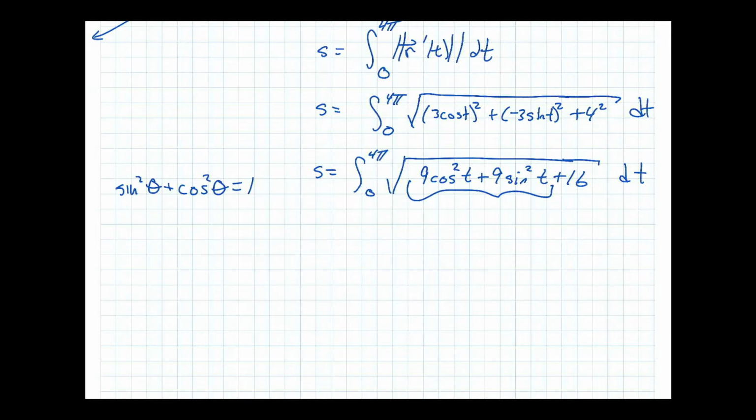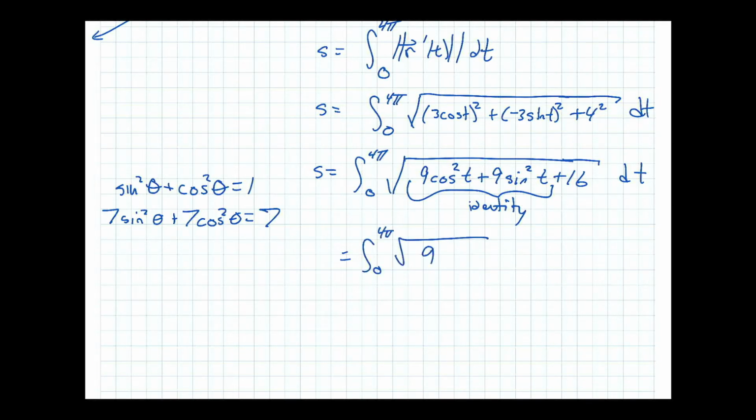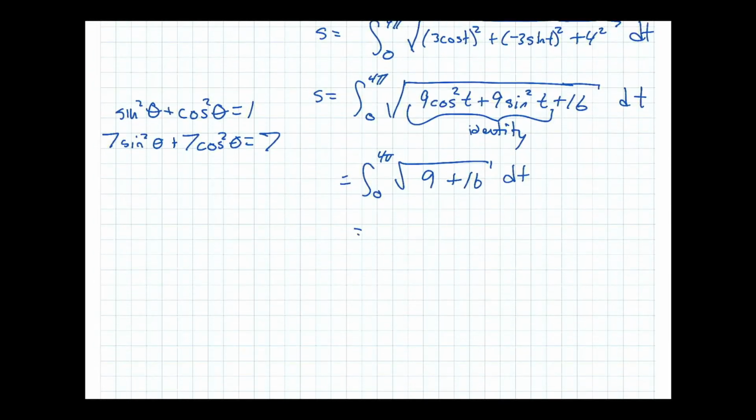If you put numbers in front, like 7 sine squared theta plus 7 cosine squared theta, that's just going to be 7, because we're just multiplying everything by 7. So the part that I've underlined here should just be 9 using that identity. So we have the integral from 0 to 4 pi square root of 9 plus that 16. So that's really convenient, right?